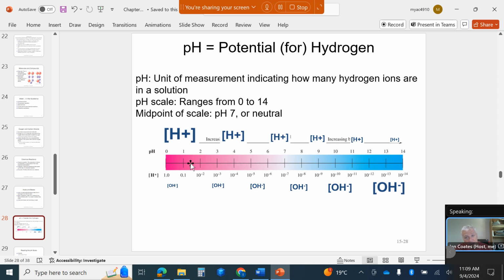So as you get closer to the outside here, like 0 and 1 and 2, the hydrogen concentration is much, much, much, much higher. Okay? Like millions and billions of times higher than the base concentration right here. Stomach acid has a pH of 1.8, 1.2. Okay? This stuff dissolves anything. Battery acid from your car has a pH of about 1. Dangerous stuff over here. Dangerous acids. And you look at the amount of acid in comparison to base, dangerous stuff.